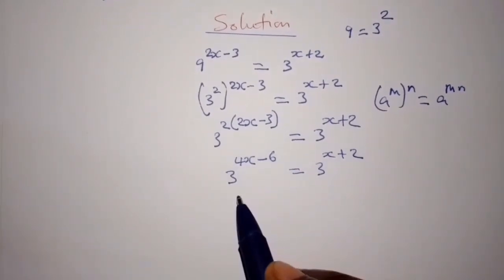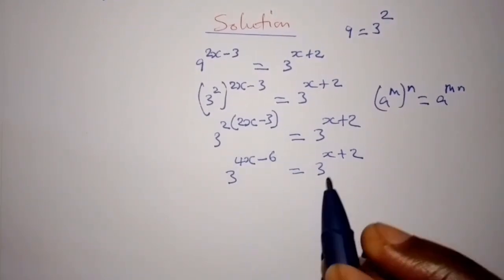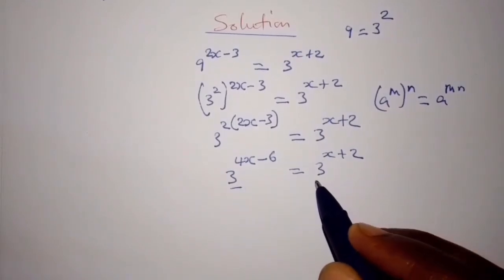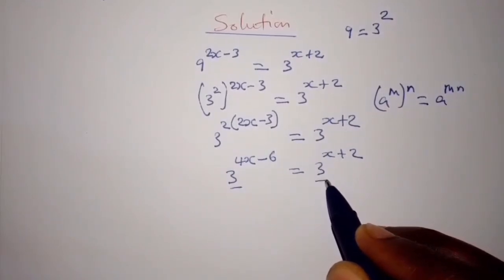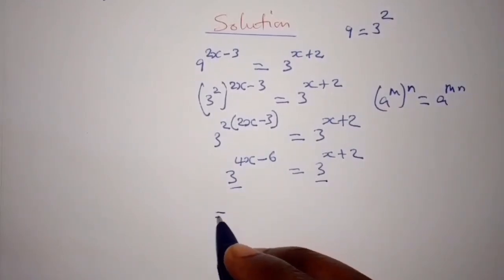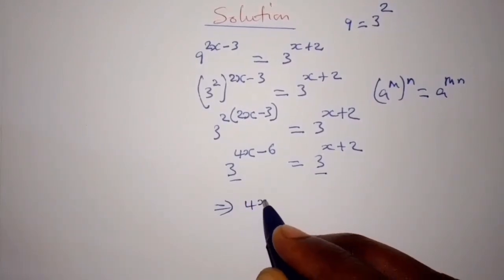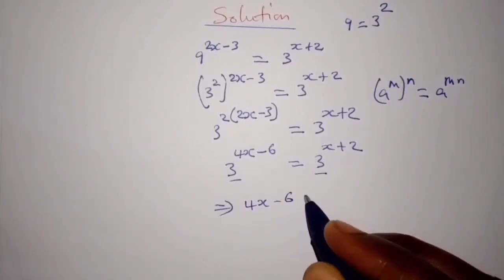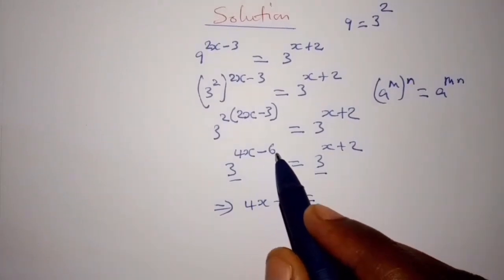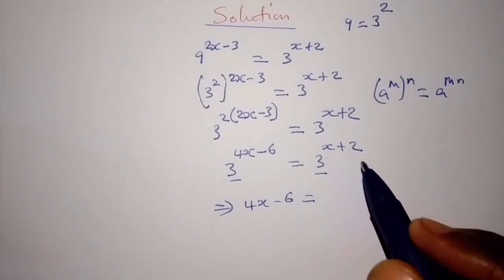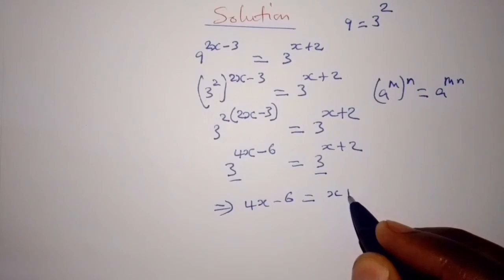You can see that now we have got a common base of 3. So this implies that 4x minus 6 is equal to x plus 2.